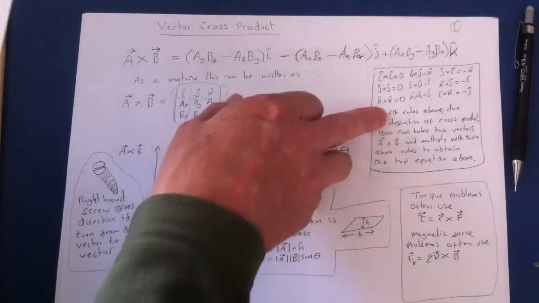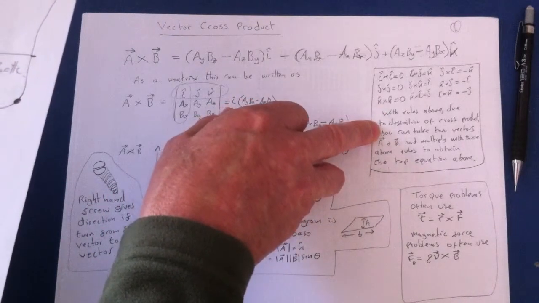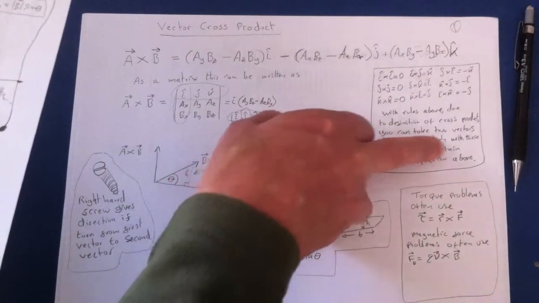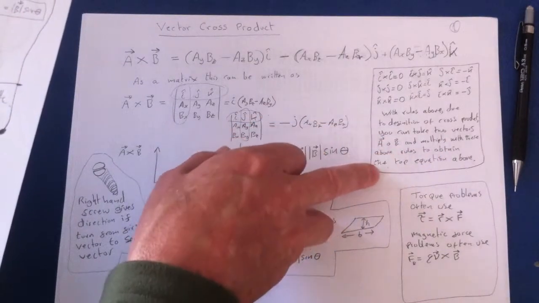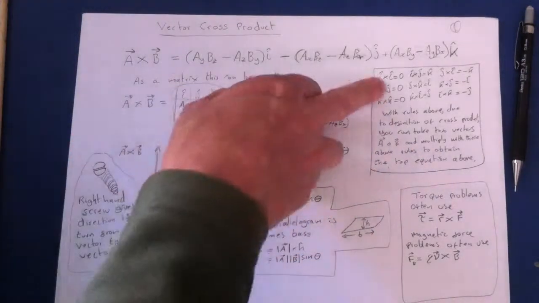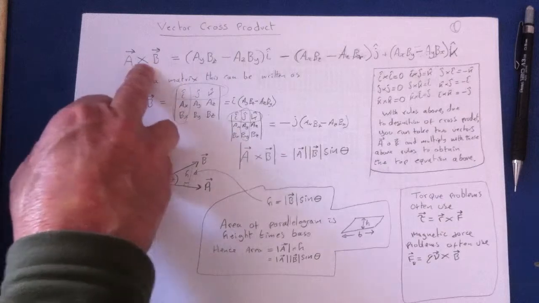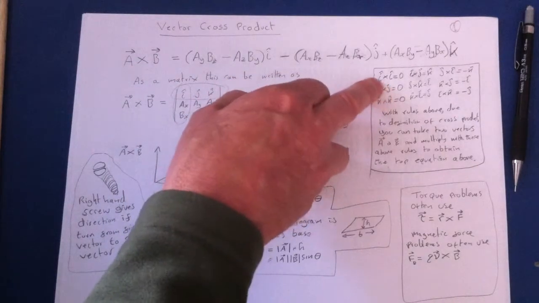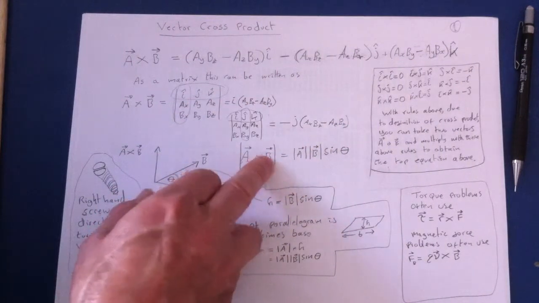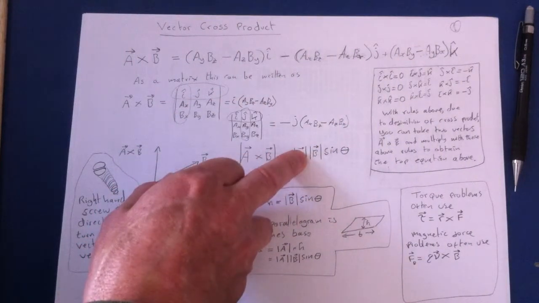With these rules here, due to the definition of cross products, you can take two vectors, A and B, and multiply them with the above rules to obtain the top equation above. So here, for example, if you were to take two vectors and multiply them using these cross product rules, in other words, I cross I, these are unit vectors.